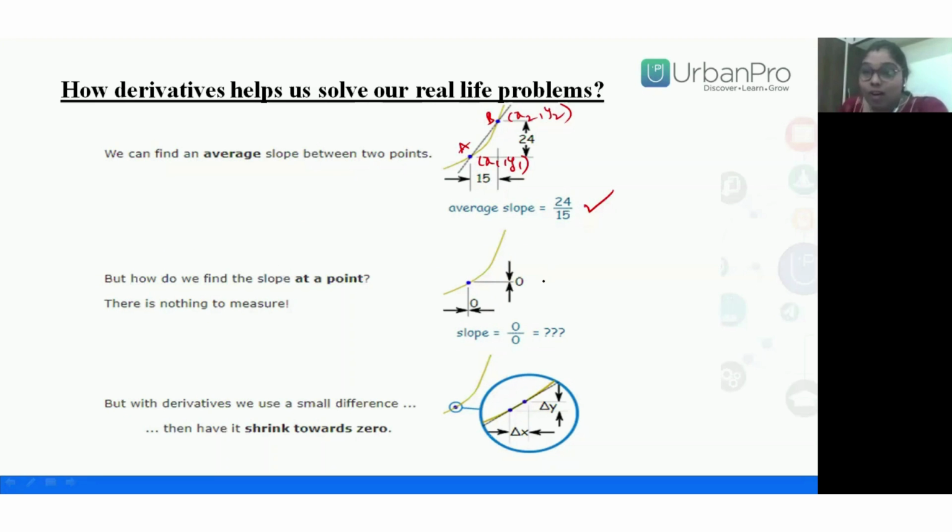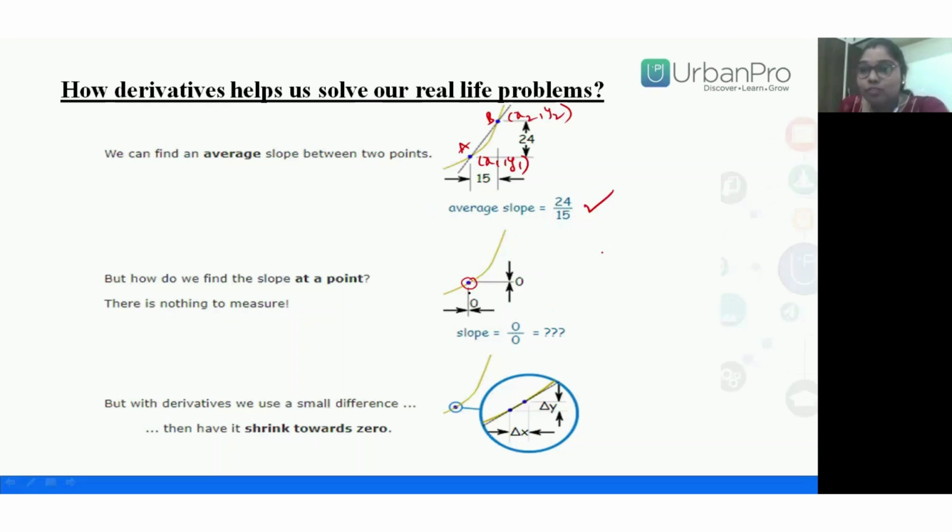But what if you want to find slope at one particular point? So see, this is my point. Can you see this? Yes. Now, if I want to find the slope at this particular point, is there any dimension for that point? No. It's just a dot.